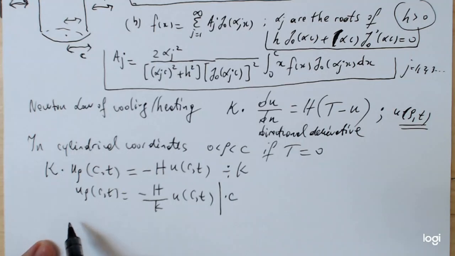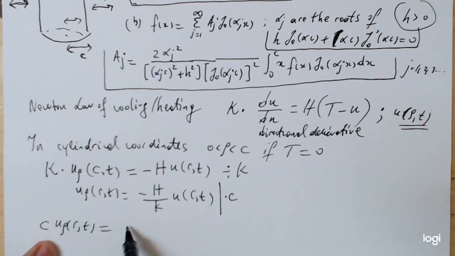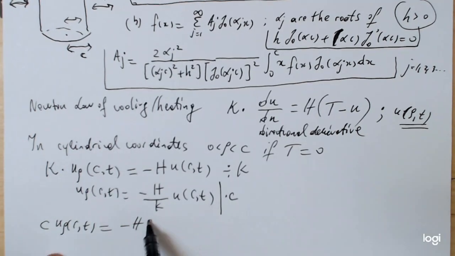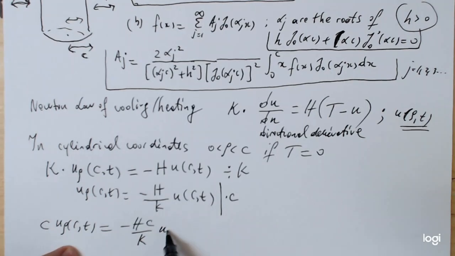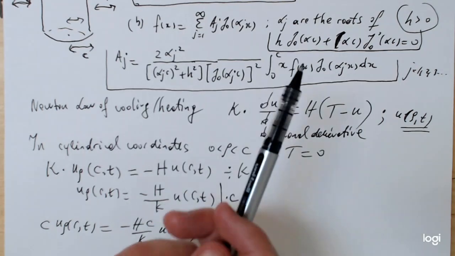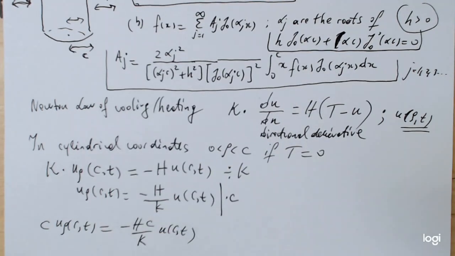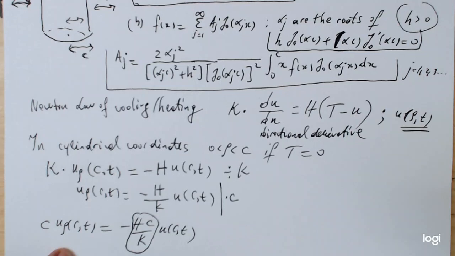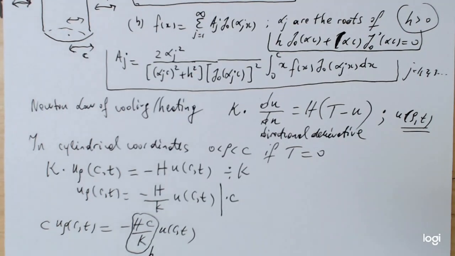Then the left side now looks like c u partial rho at C, t equals minus big H little c over big K, u of C, t. And to get in the end to that boundary condition in terms of the Bessel functions, let's rename this combination of physical constants by little h. So big H times C over K equals little h.